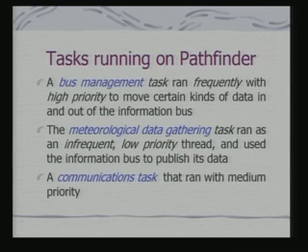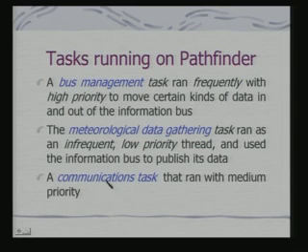So, we shall look at three basic tasks and how they interacted in terms of their access pattern to that shared memory. A bus management task ran frequently with high priority to move certain kinds of data in and out of the information bus, okay? Because this is a bus management task, basically managing what is called the information bus. The meteorological data gathering task ran as an infrequent low priority thread and used the information bus to publish its data.